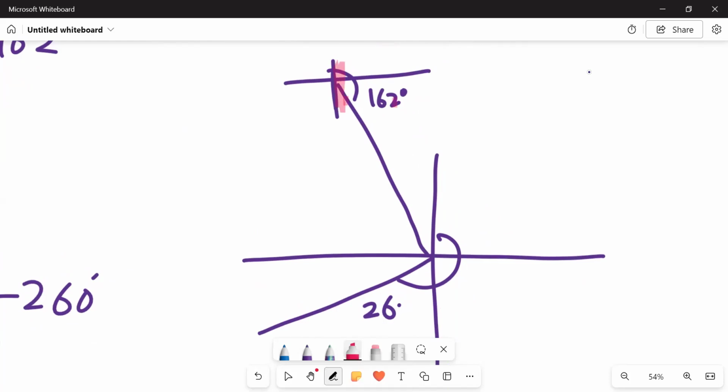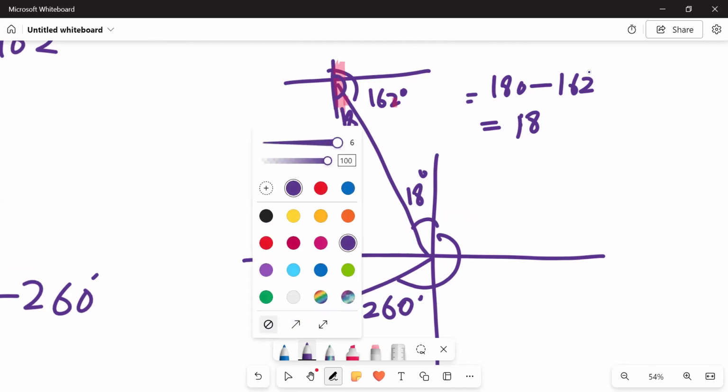If we subtract 180 minus 162, we will get this angle, okay? So 180 minus 162, because this complete angle is 180, gives 18 for this angle. If this angle is 18, then this angle is also 18. And this angle is 260 already. So how can we find this internal angle? We can find the internal angle by subtracting 260 and 18 from 360, and this will be 82.